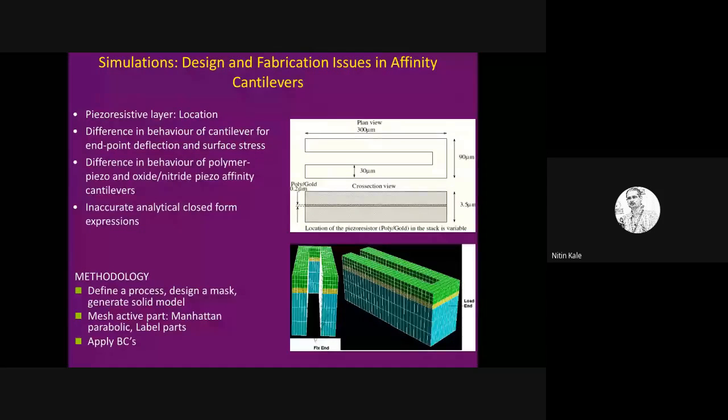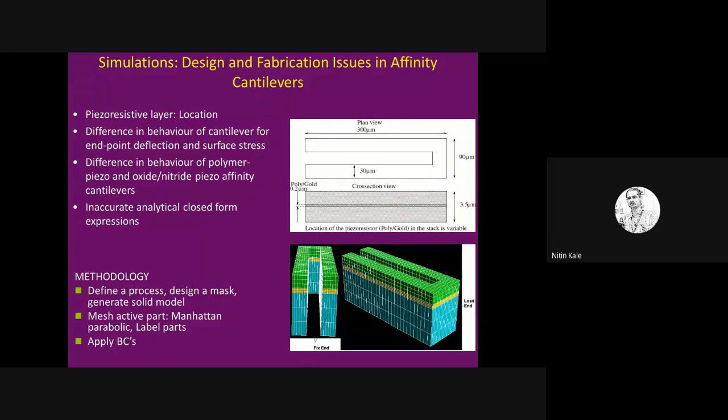In simulation, let's say you want to simulate the behavior of a cantilever structure. So what you do is you can define a process, you can design a mask, you can generate a solid model. Then comes the important action of meshing. So you have to select an appropriate mesh. For example, we selected Manhattan parabolic.